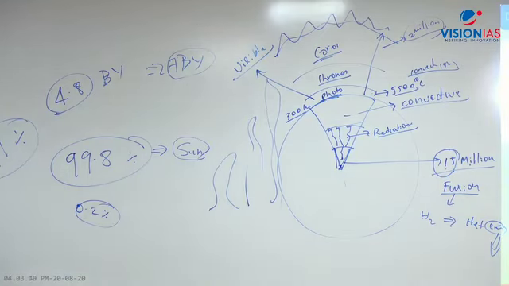Fifth one, chromosphere. It is the intermediate zone which appears as a red rim during eclipse. Sixth one, corona.